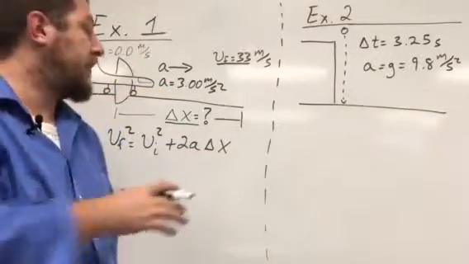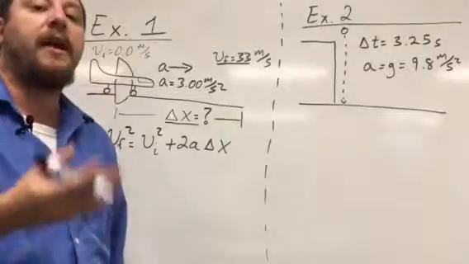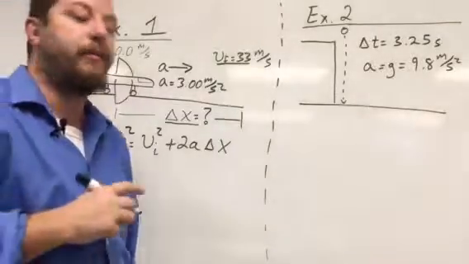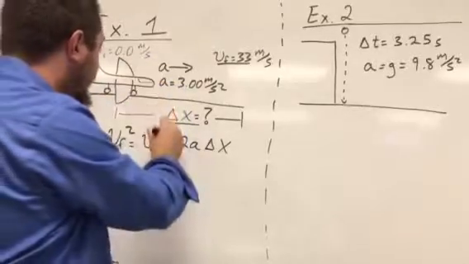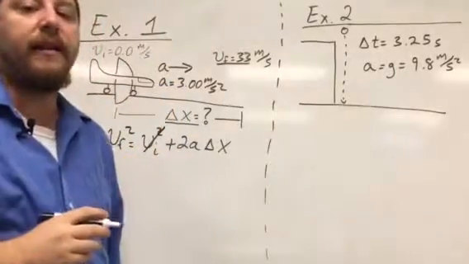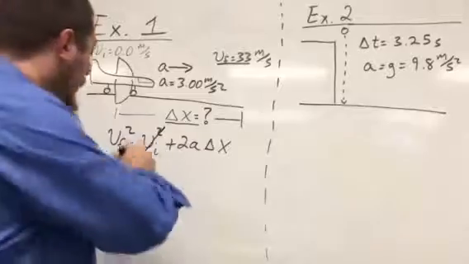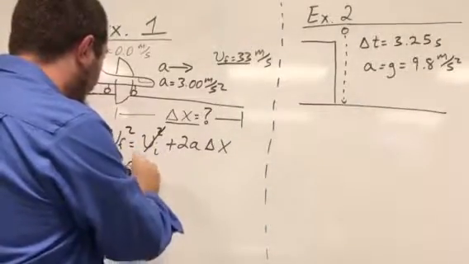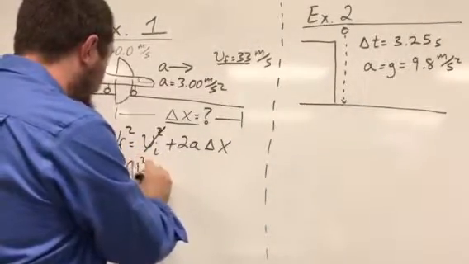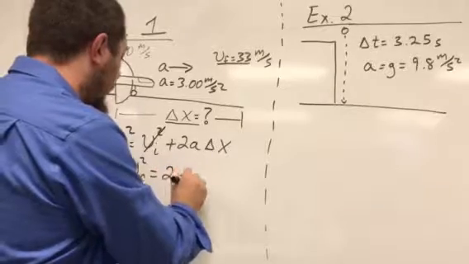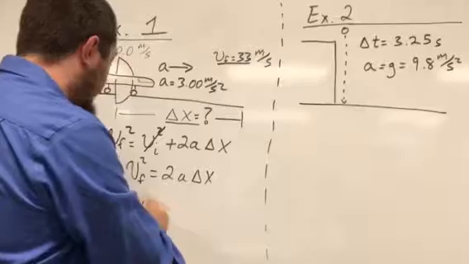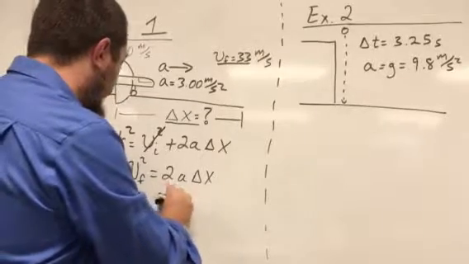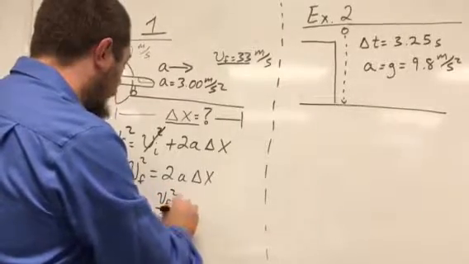So my task now is to solve this equation for delta x and then plug in the numbers and see what pops out. So, first things first, I notice that VI is 0, so I can eliminate that term right away. And this reduces then to VF squared is equal to 2a delta x. And that means that delta x is going to be equal to VF squared over 2a.